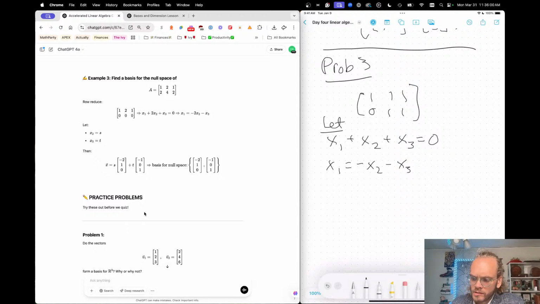And then from there, I get the basis for the null space, so I get the x vector equals s, negative 1, 1, 0, plus t, negative 1, 0, 1.